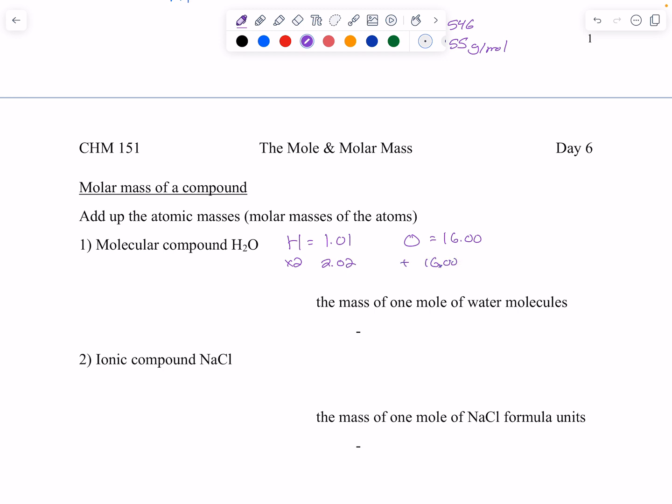So that would be 18.02 grams per mole for water. That's all this is. So now if I'm measuring out water, if I get 18.02 grams of water, I know I have a mole of water, which would be 6.022 times 10 to the 23rd molecules. That is the molecular mass.